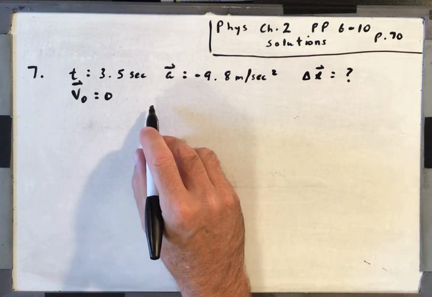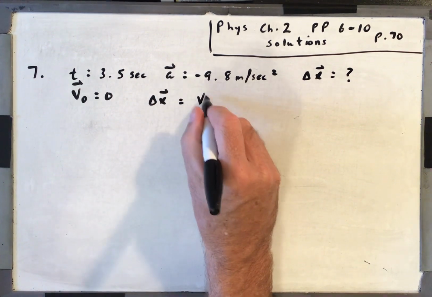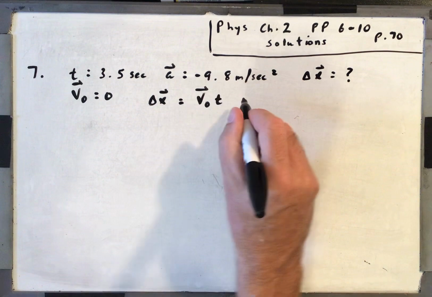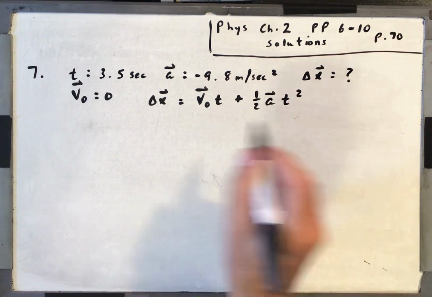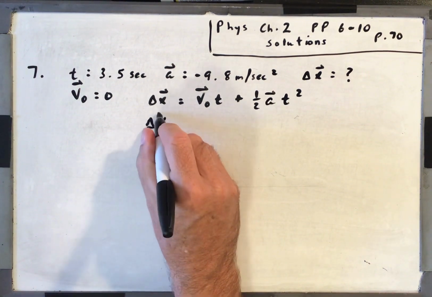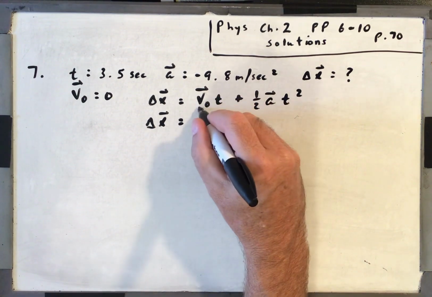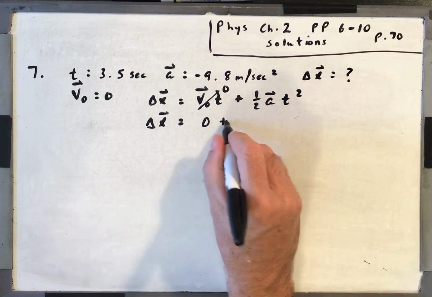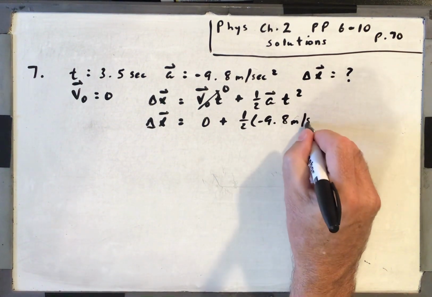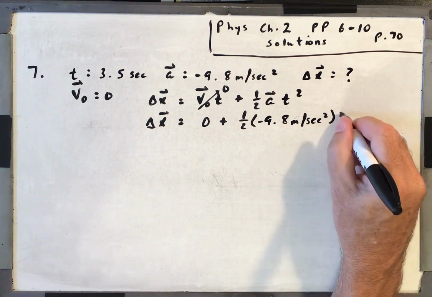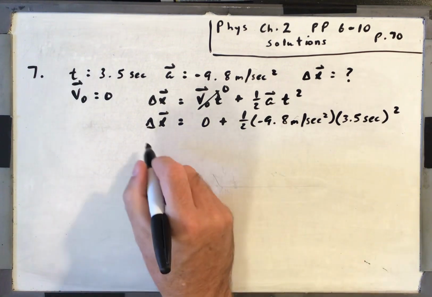So the initial velocity is 0. So this would be equation 3. So delta x is equal to v naught t, initial velocity times time plus 1/2 a t squared. So delta x is going to be equal to 0, right? This goes to 0, plus 1/2 times negative 9.8 times 3.5 seconds, and don't forget to square that.